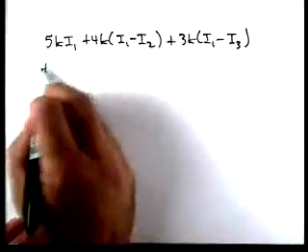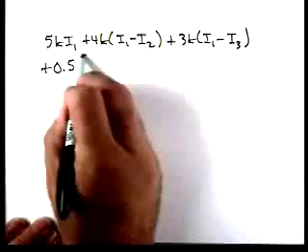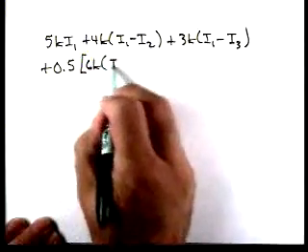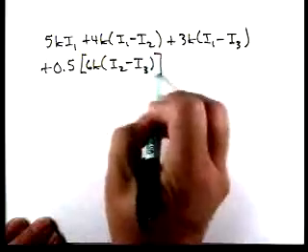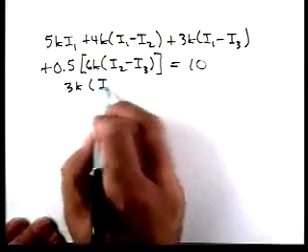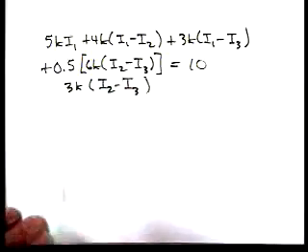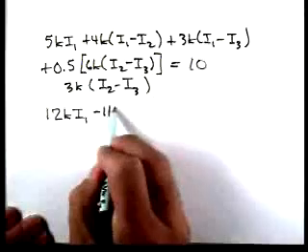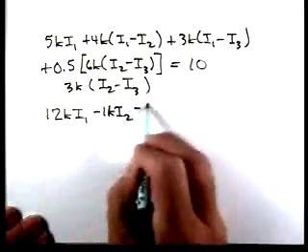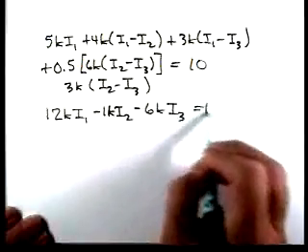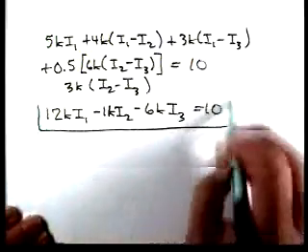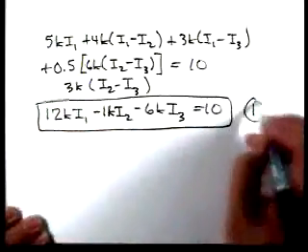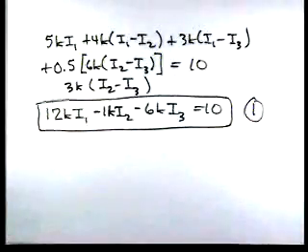And then we'll have 0.5 Vx, which is 0.5 times 6K times (I2 minus I3), equal to 10. So this term is really 3K times (I2 minus I3). If we collect up terms here, we'll have 12K I1 minus 1K I2 minus 6K I3 equal to 10. So there's our first equation.